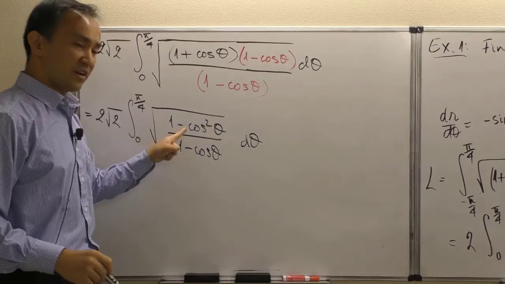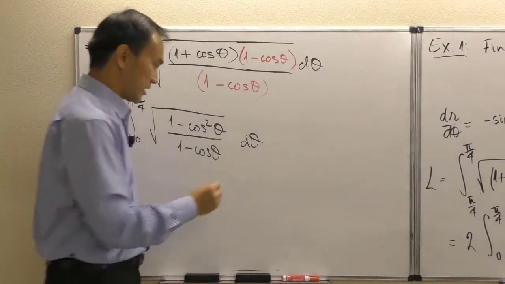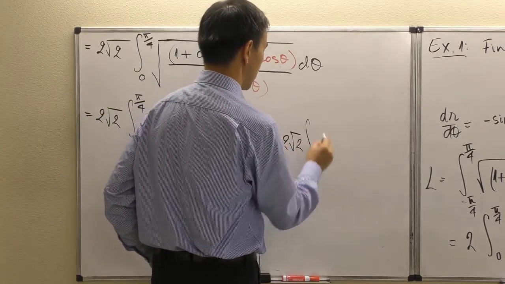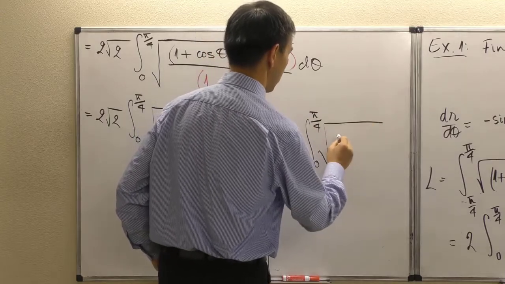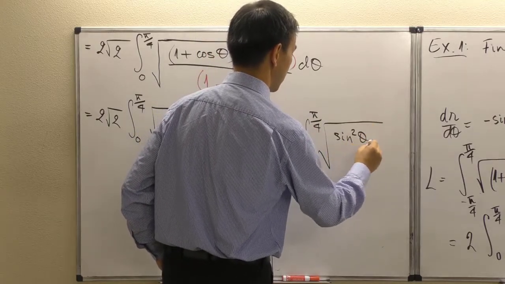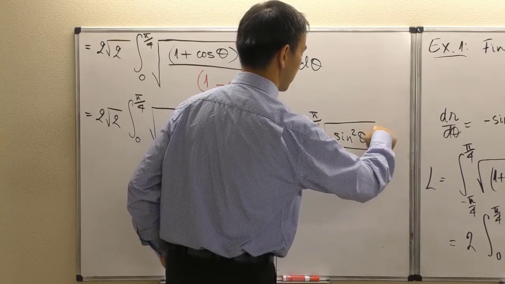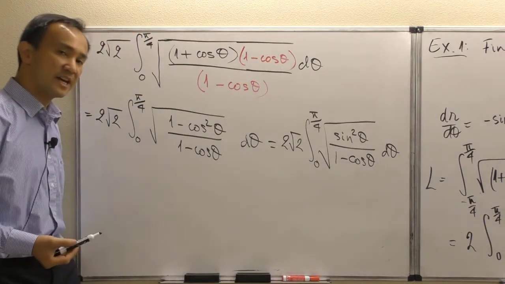Now I recognize 1 minus cosine square as a sine square. And so in my next step, 2 square root of 2 from 0 to pi over 4, I'm looking at the square root of sine squared of theta over 1 minus cosine theta, and we're multiplying with the d theta expression.